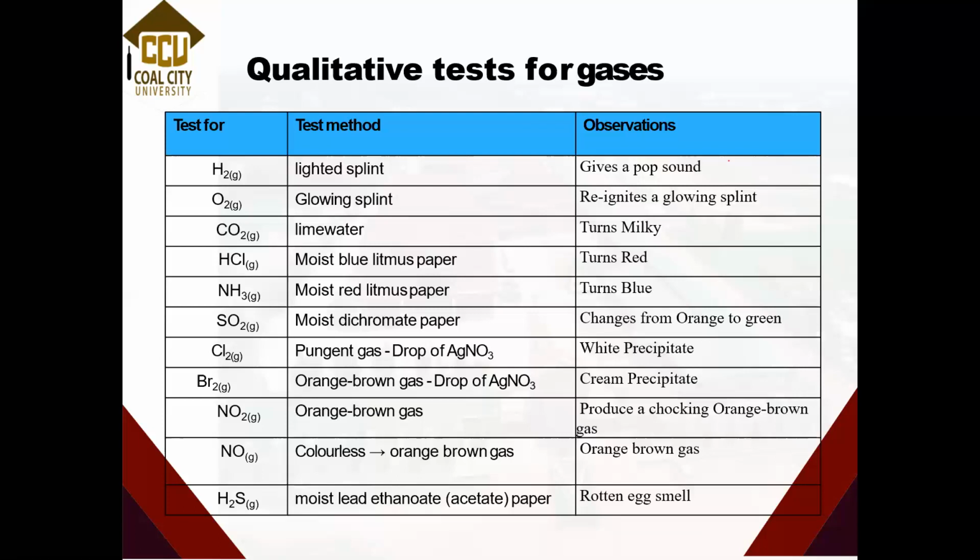So that proves to me that it has to be what? NO2. Now for the last one here, which is hydrogen sulfide, H2S, you use a moist lead ethanoate, which is now called acetate. Moist lead acetate paper. It will give me a rotten egg smell. So that is how we test for these popular gases.